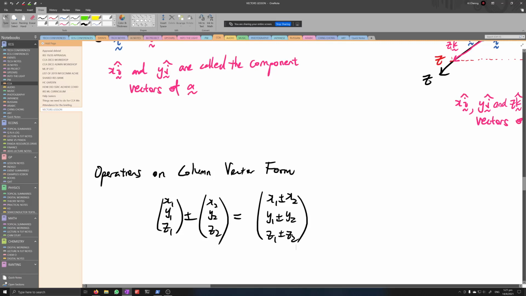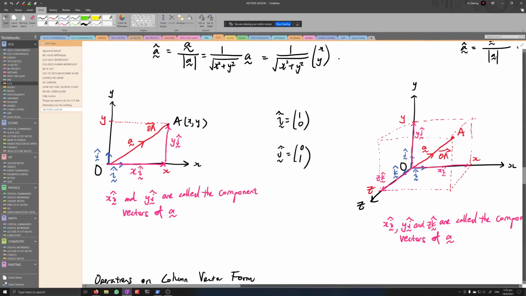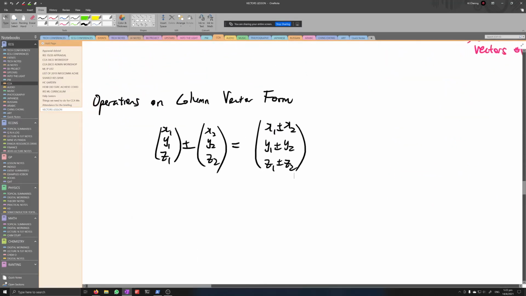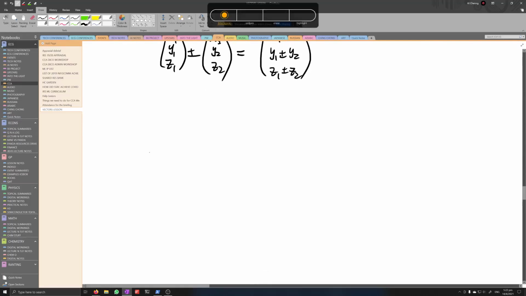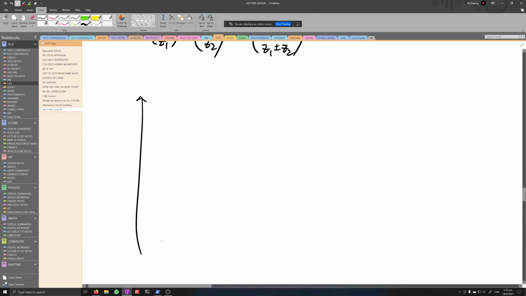This is analogous to adding the components on the Cartesian plane. So the way in which you can visualize this is, let's say I have a point like x, y.